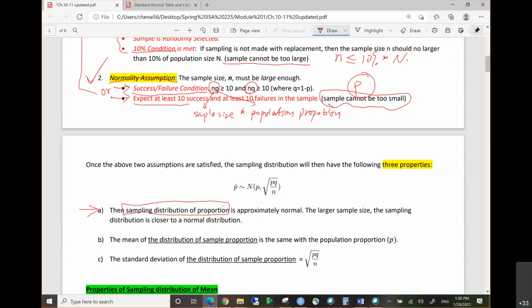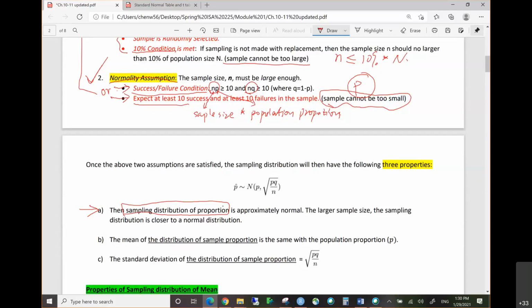The larger the sample size you have, the closer the sampling distribution will be to an exact normal distribution. The larger the better, but it cannot be too large, right?